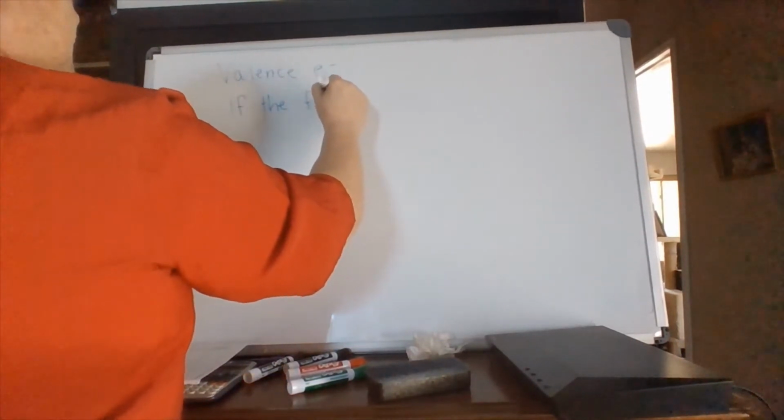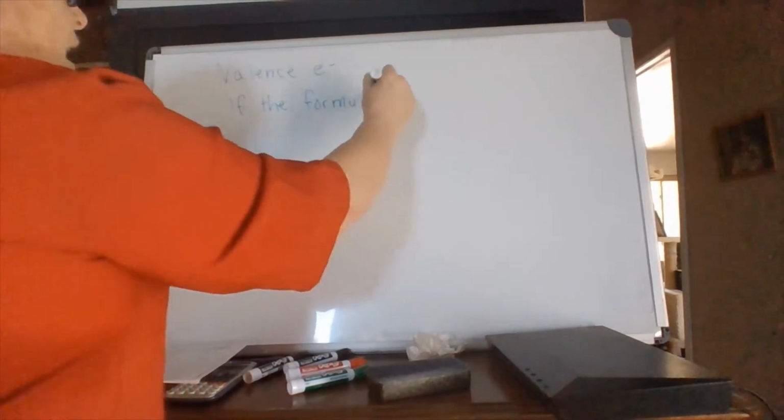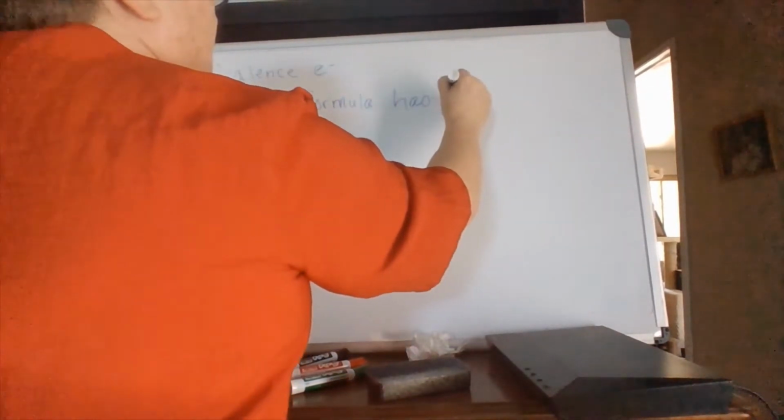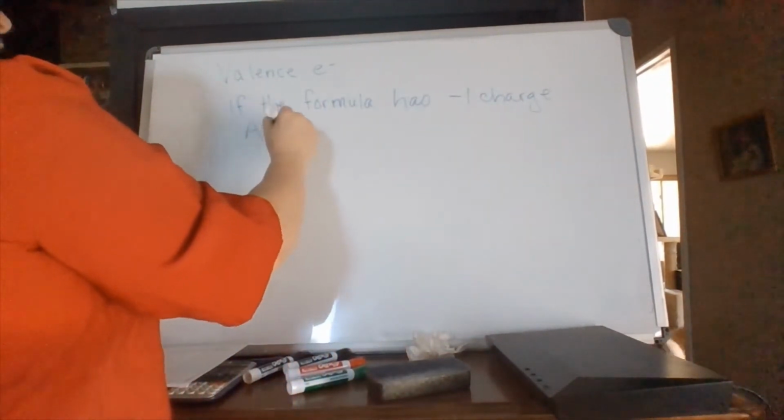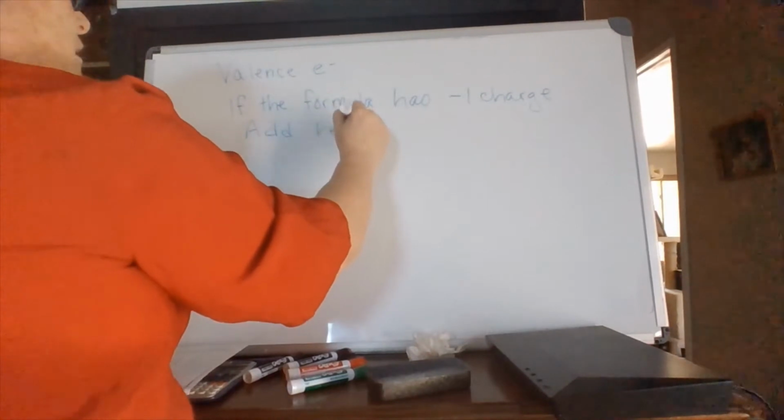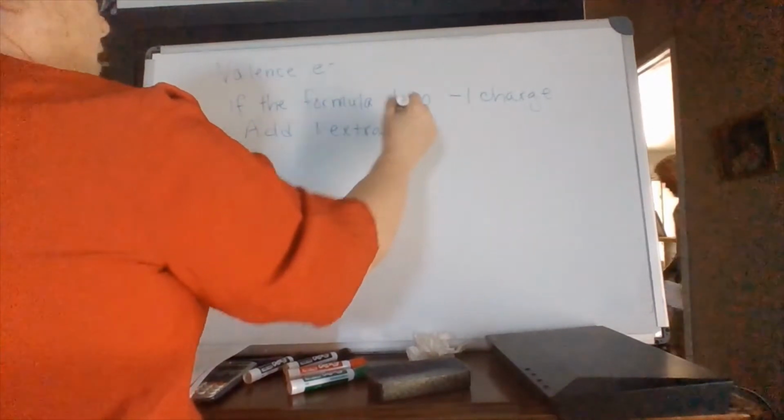Okay, I want to give you a couple more hints of how to do these Lewis structures. So when you're counting the valence electrons, if the formula has a -1 charge, you're going to add 1 extra electron.